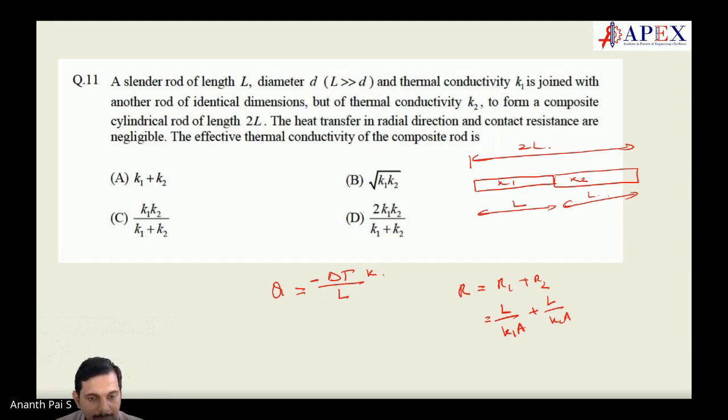So what will happen? Resistance is actually equal to 2L by K effective into A, right? Total resistance. Other things are same. Don't have to worry. So this is K effective.